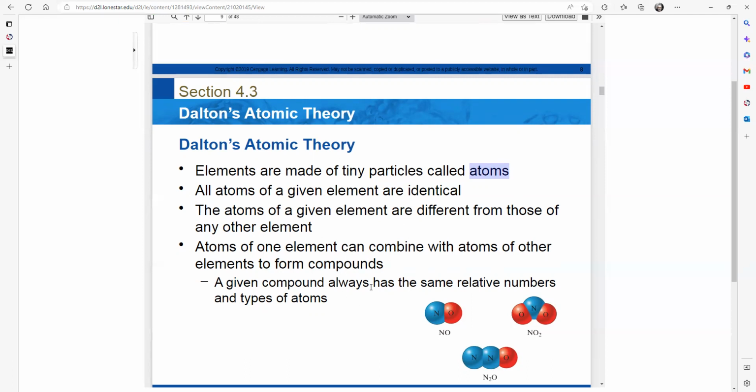A given compound always has the same relative number of types of atoms. For example, nitrogen monoxide has one nitrogen atom and one oxygen atom. Nitrogen dioxide contains 2 atoms of oxygen per 1 atom of nitrogen, and so on.